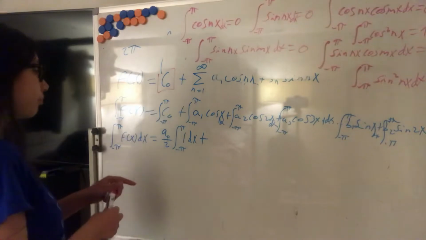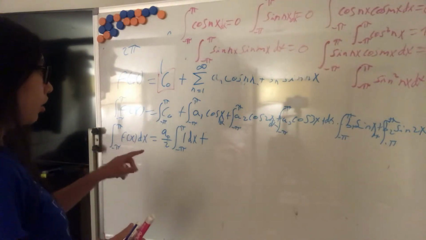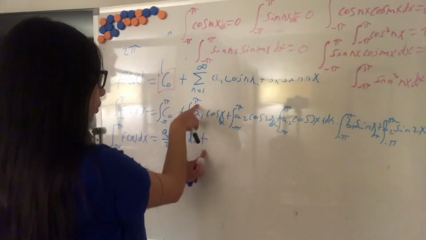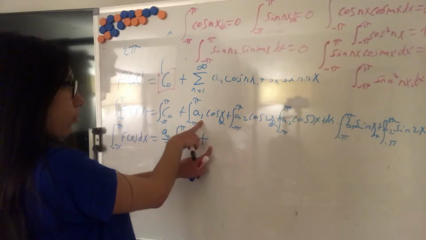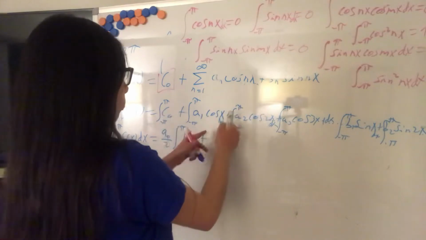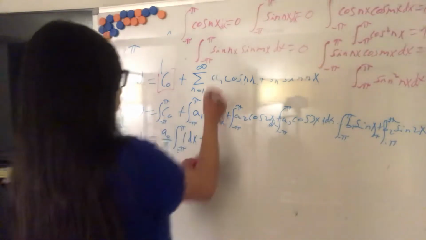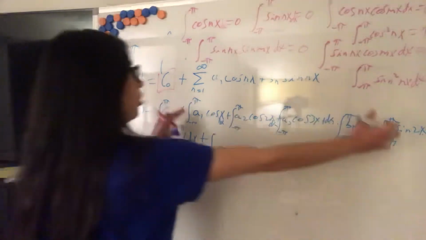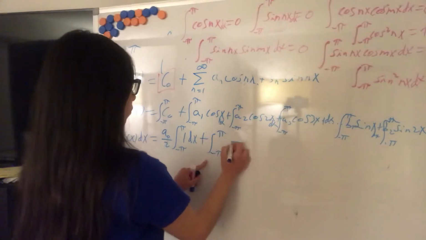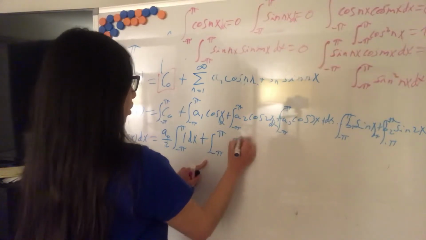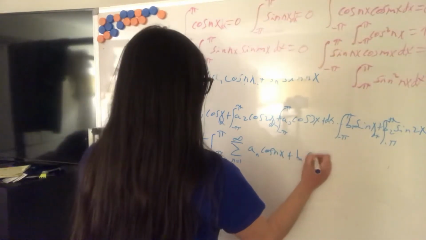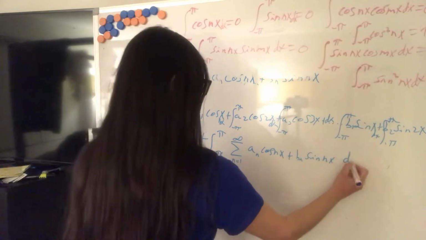So here we have this integration from minus pi to pi of a sub 1 times cosine, in this case cosine of x, and this will be resumed to the integral from minus pi to pi of all the terms a sub n cosine nx plus b sub n sine nx dx.